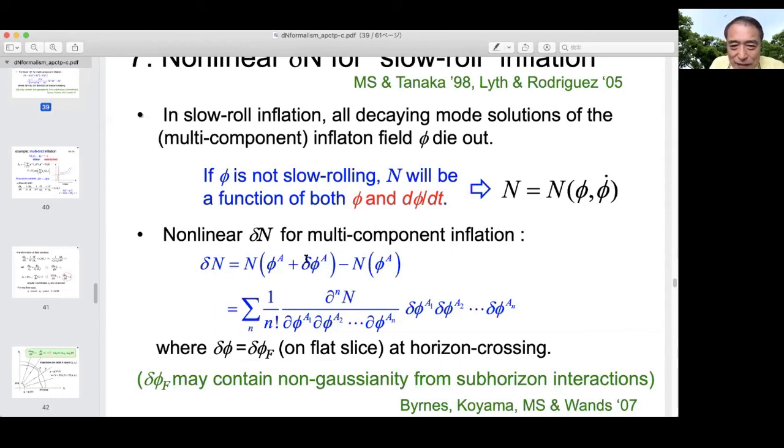But when this background is not very well defined, in the sense that the evolution is dominated by the fluctuation itself, then the meaning of the number of e-folds should be carefully defined.